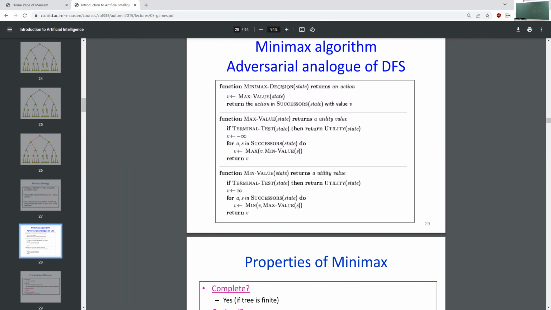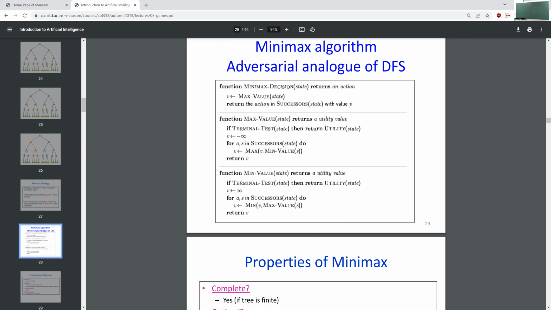Note that when you run this algorithm, it is also responsible for calculating the minimax values. It's not that you run this algorithm once the minimax values are already computed somehow. This algorithm is also calculating the minimax values.